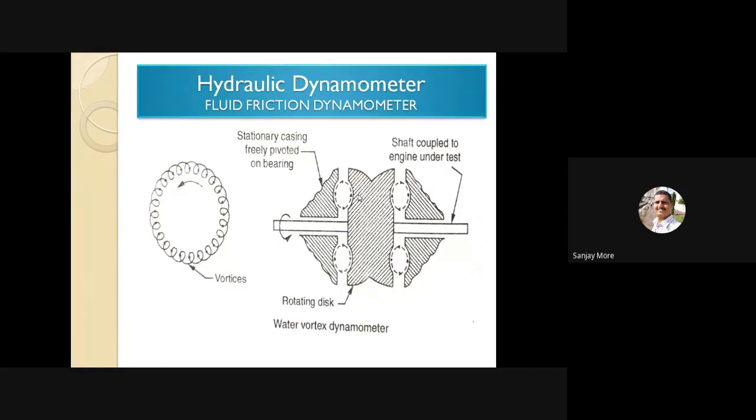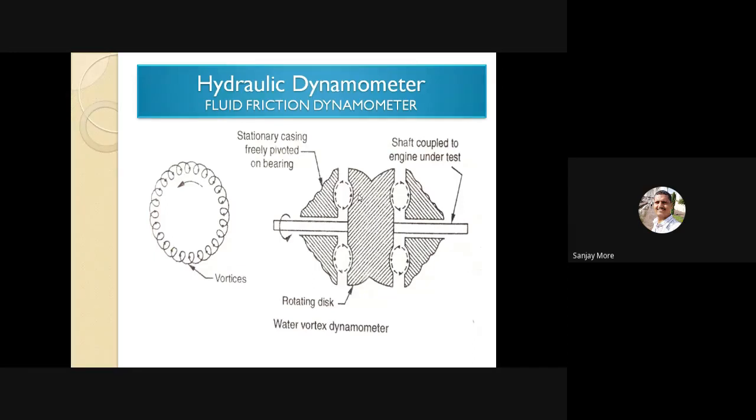When initially the starting shaft is rotating at high speed, then the other side shaft is also rotating at the same speed, and when we apply the braking system to stop this rotating shaft, then you have to measure how much torque is created with the help of this rotating disc.